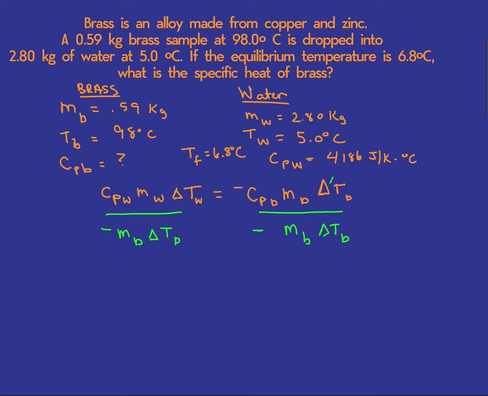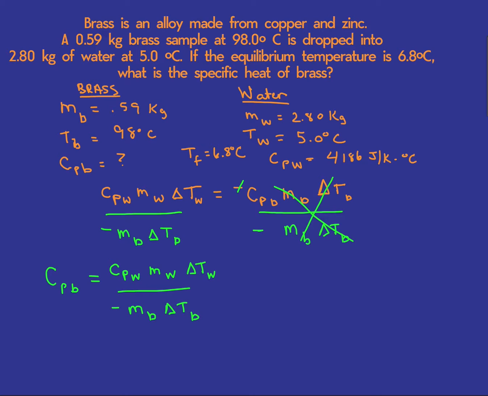That makes all this cancel, leaving me with the specific heat of brass. So here's my new formula. Specific heat of brass is equal to specific heat of water times the mass of the water times the change in temperature of the water, all divided by the negative of the mass of the brass times the change in temperature of the brass.